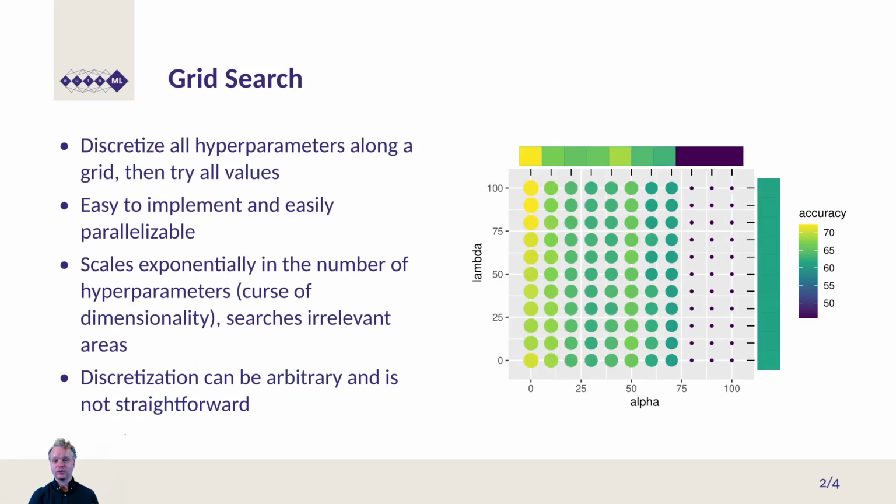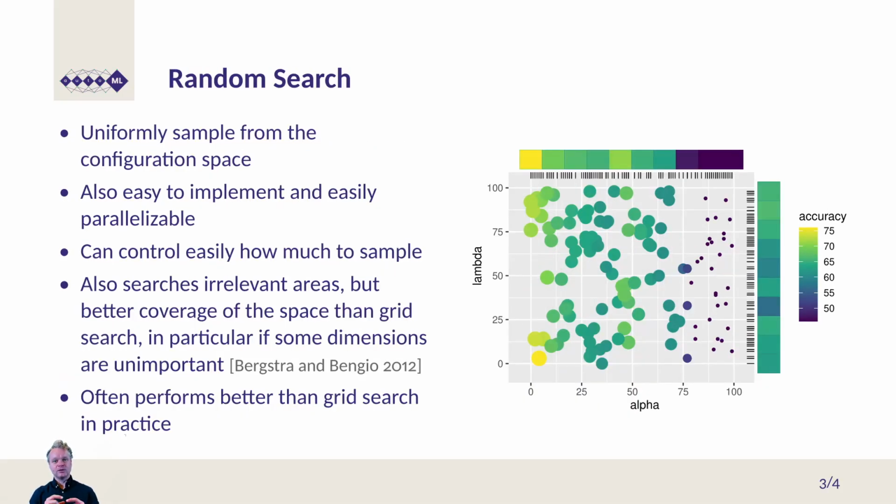Contrast that with the previous slide, where we have also different x and y values, obviously, but for one particular value for lambda, for example, we always try the same alpha value and vice versa, because that's how we discretize the grid. Whereas if we do this randomly, then we don't get the rows or columns exactly on the grid, and that's why we tend to have a better coverage in general here.